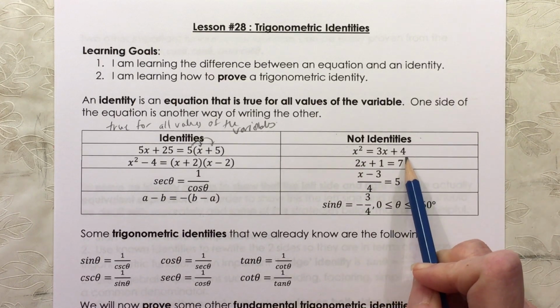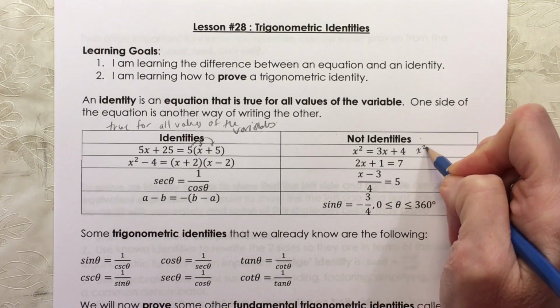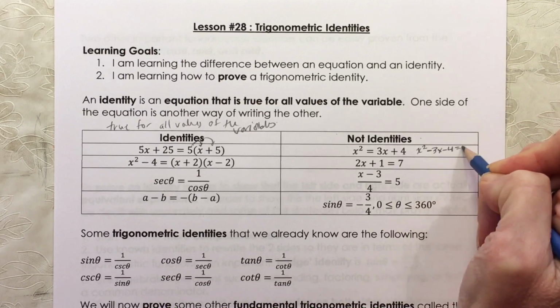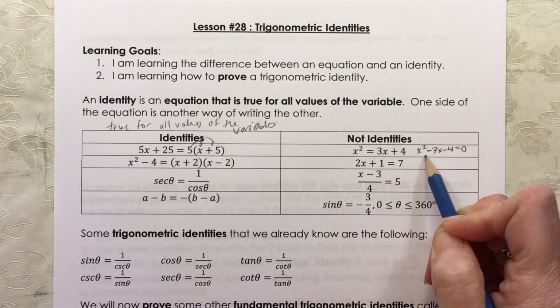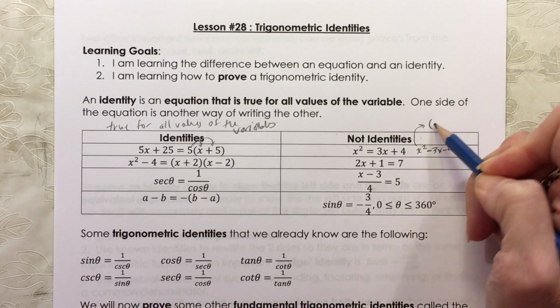X squared equals 3x plus 4. That's a quadratic equation. And if we rearranged it to get all the terms on one side, we could see that this one would be solvable by factoring.